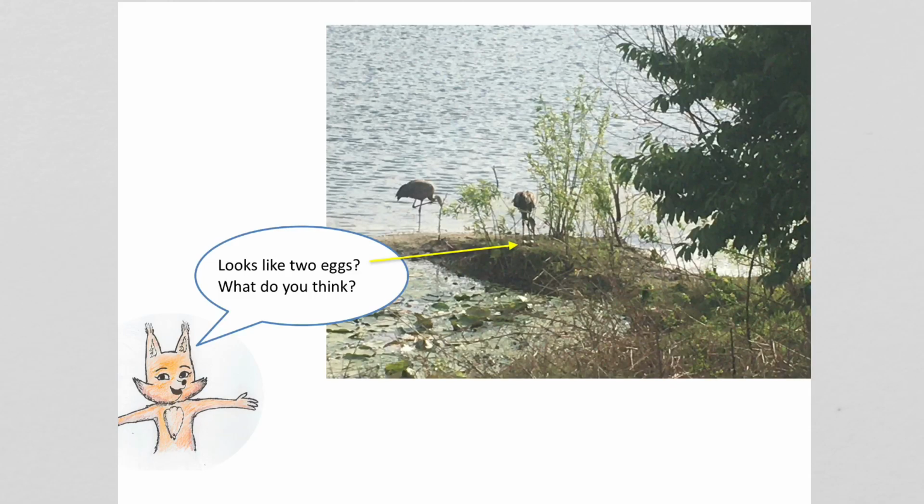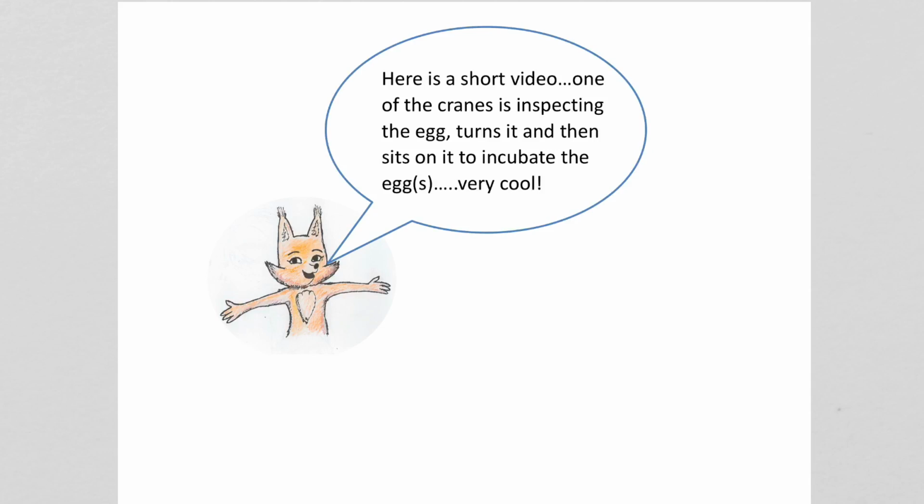Does look like 2 eggs, doesn't it? Here I see one down here and one down here. Most likely 2 eggs. It'll be interesting to see how many babies are hatched. Well, that'll be interesting to see, Quirly. The video of a crane inspecting the egg, turning the egg. That's interesting. And then sitting on it to incubate the egg or eggs. Very cool.